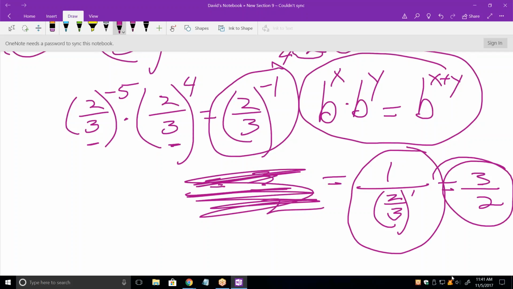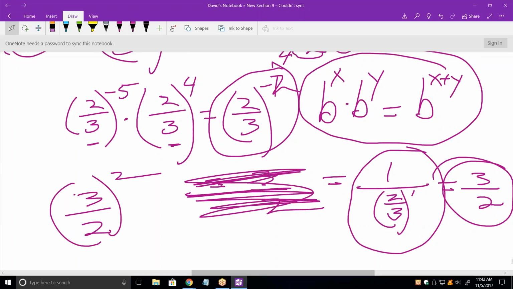But the real key is that when you have a negative exponent, especially a fraction, all you've got to do is reciprocate it. You flip it, and you go to the positive exponent. In other words, if that was that, then it would be 3/2 squared. Got it? Okay.